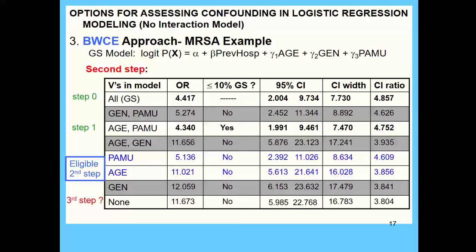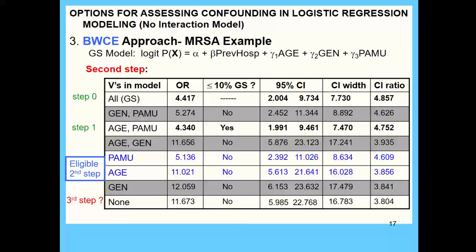So there are two other approaches that people sometimes use, and of the two, the BWCE is often considered another approach, except that it may not look at all possible subsets, and unless you look at precision after you get to the final model, you haven't considered precision because it's only dealing with confounding.